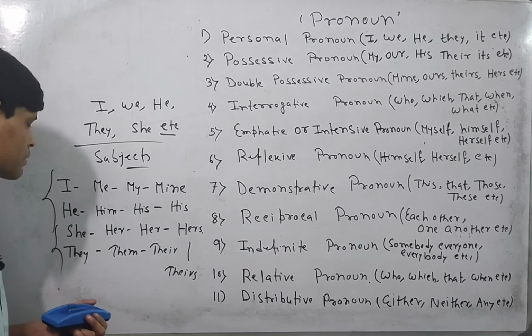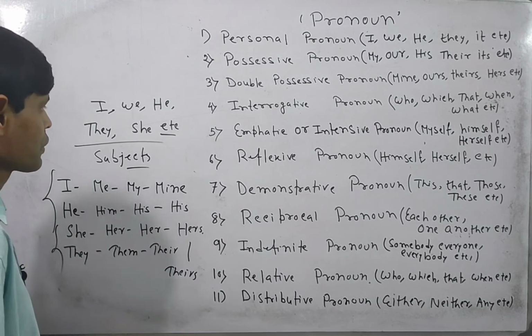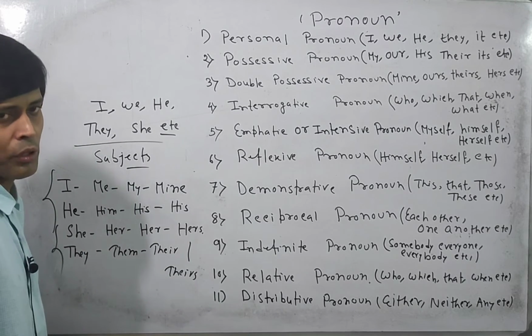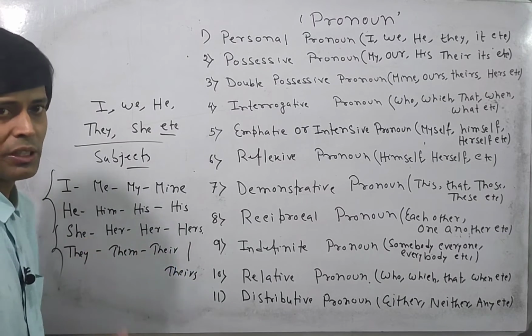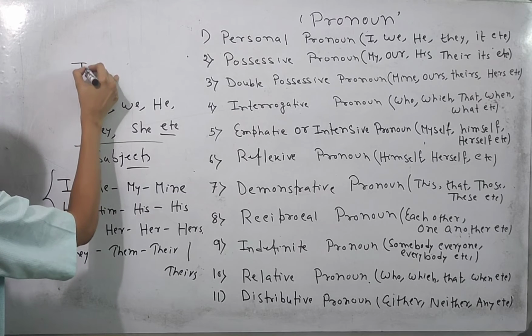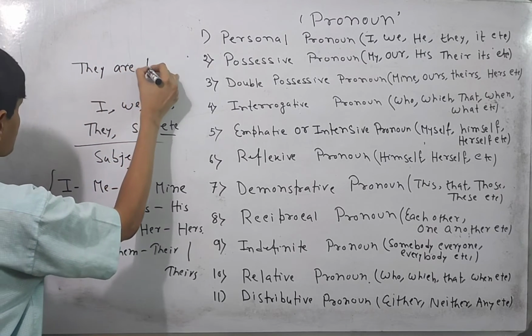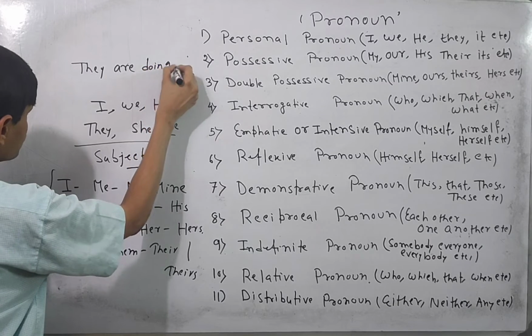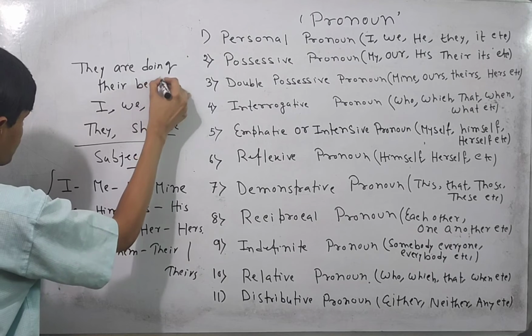Now I, we, he, they, she, all are subjective pronouns. Subjective pronouns mean they are particularly used as subject in sentences. Suppose I say, they are doing their best.